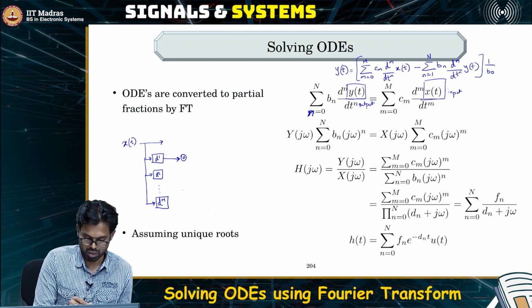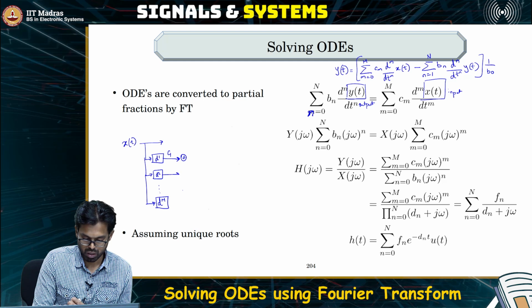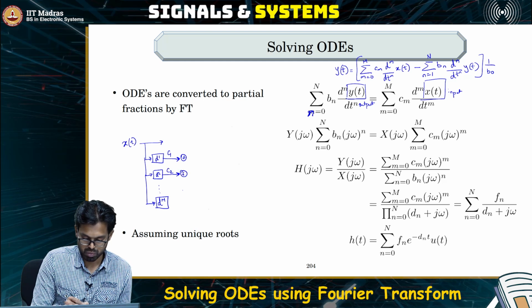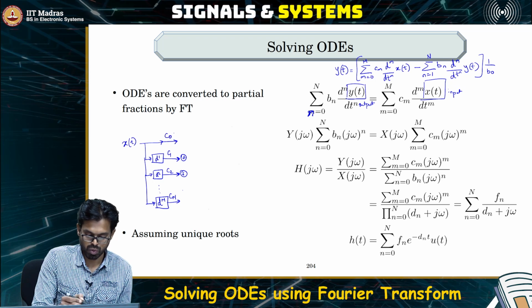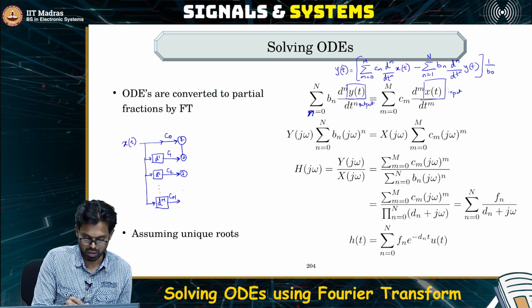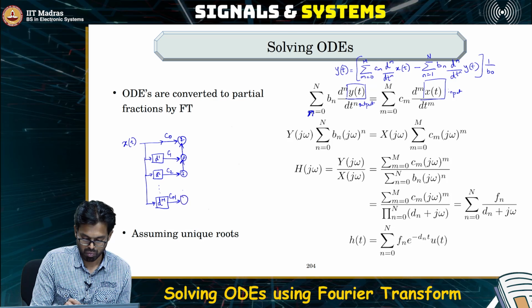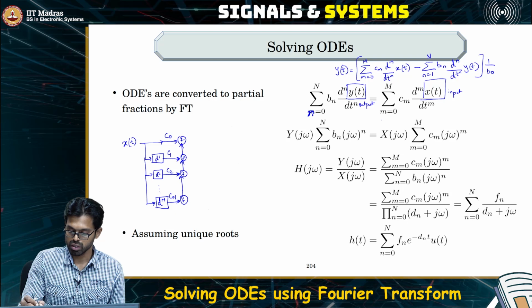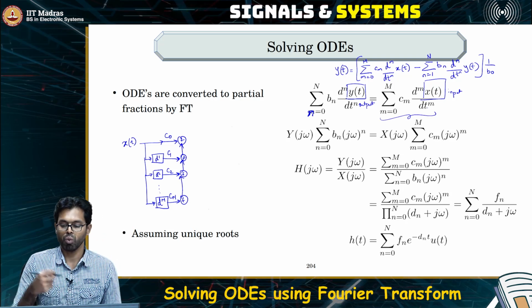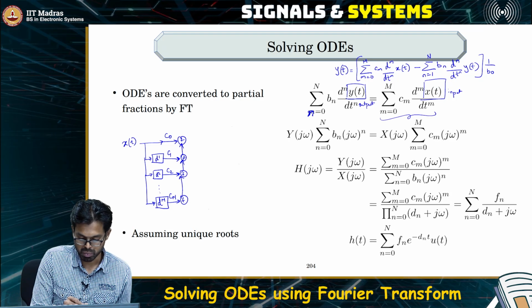In this case, the constants are C1, C2, and so on, and then finally add them together. So this gives us this summation. Now what is that added with?